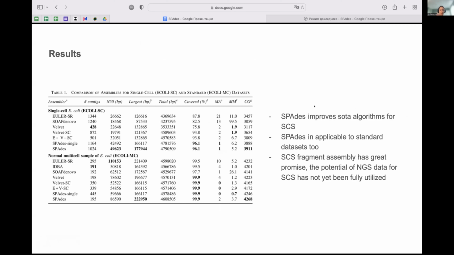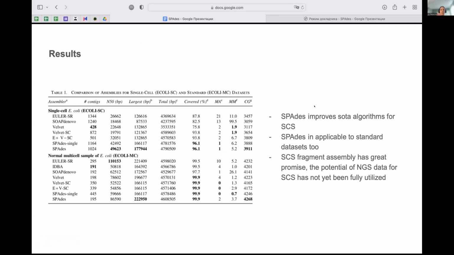As you can see from the table of these results, SPAdes improves state-of-the-art algorithms for single-cell sequencing based on a large number of metrics, for example, number of contigs, number of base pairs, and most importantly, covered percent of the genome.